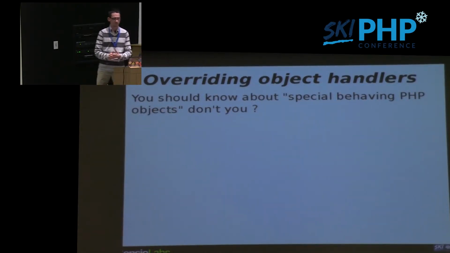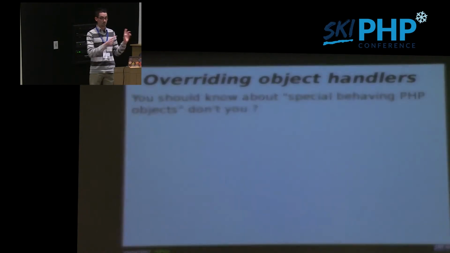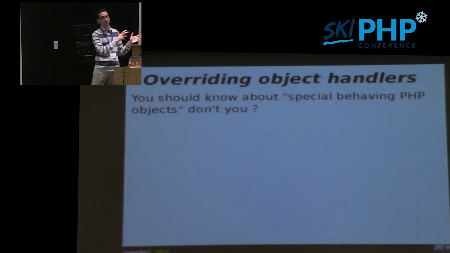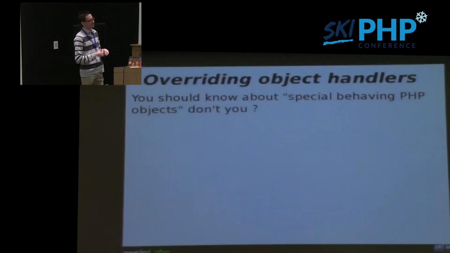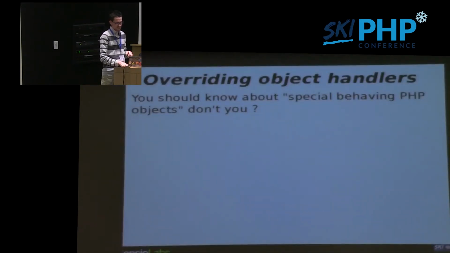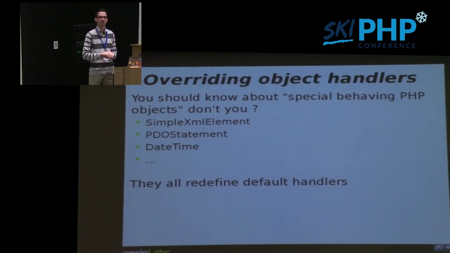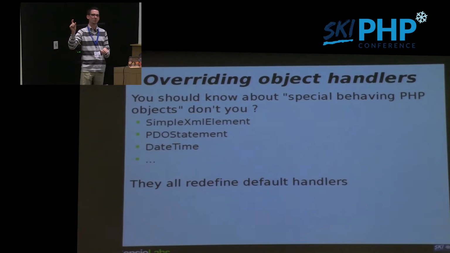You should know about special behaving PHP objects, which are pretty strange to use. PHP objects which are not from classes. You should know about SimpleXMLElement, which has virtual attributes representing the XML nodes.